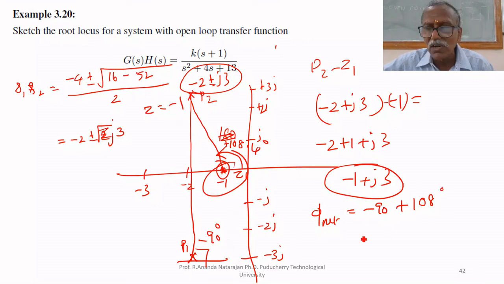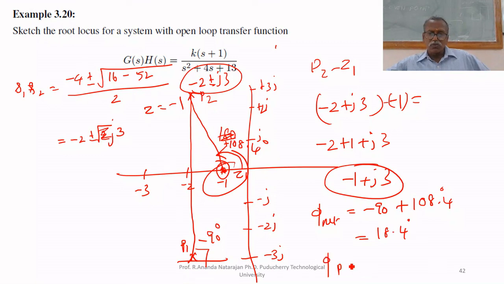So 108.4 minus 90 equal to what? 18.4. Therefore, the angle of departure from P2 equal to plus or minus (2q plus 1) multiplied by 180 plus 18.4 degrees.